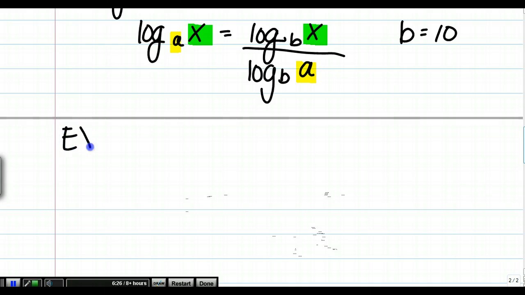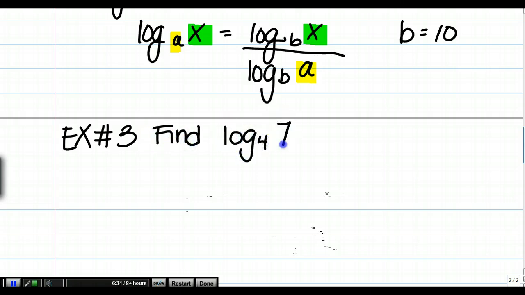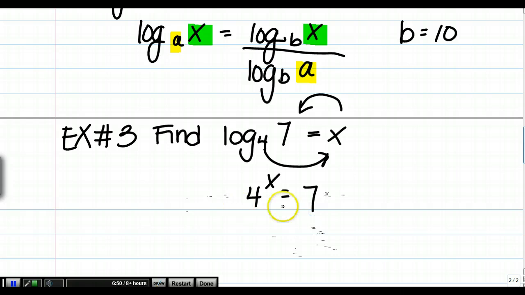If I gave you, and let's make this example number 3, if I said find log base 4 of 7, and if you remember in chapter 10.4, you set it equal to x, and you did this little circle thing where it's 4 to the x equals 7, and you look and you go, oh, I can't find like bases, so I can't solve this. So there is a shortcut where you can use the change of base formula, and it's this right here.